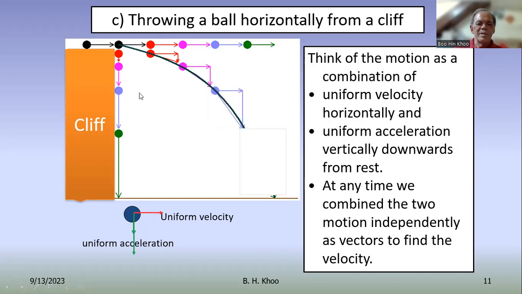Similarly, the blue one and the blue one combine to get the resultant velocity, and also the green one. The horizontal one is always the same, never changing. The vertical one becomes longer. We look at the distance moved.